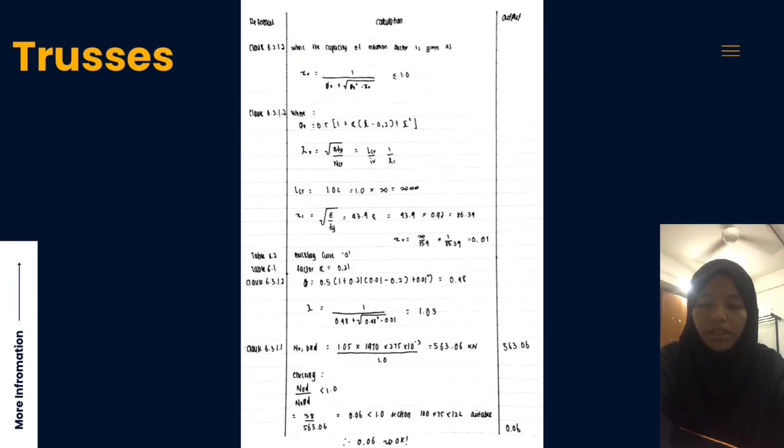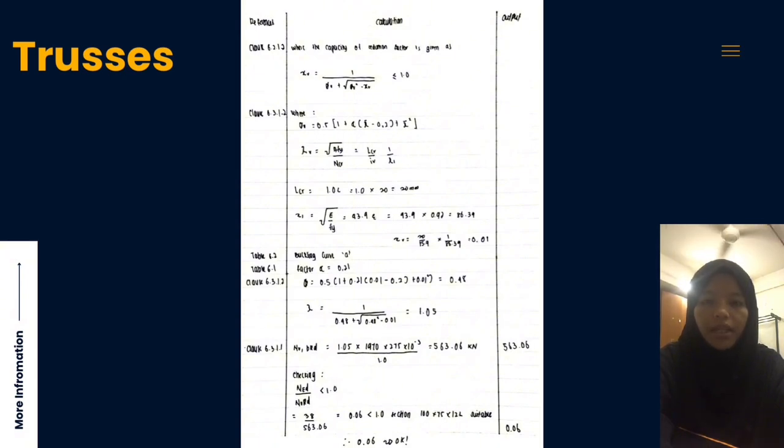So from table 6.2 buckling curve A, table 6.1 factor equals 0.21, clause 6.3.1.2, which is Φ equals 0.5 bracket 1 plus 0.21 bracket 0.01 minus 0.2 bracket plus 0.01 square bracket equals 0.48.